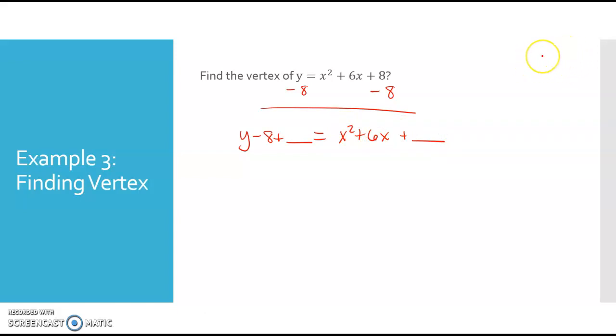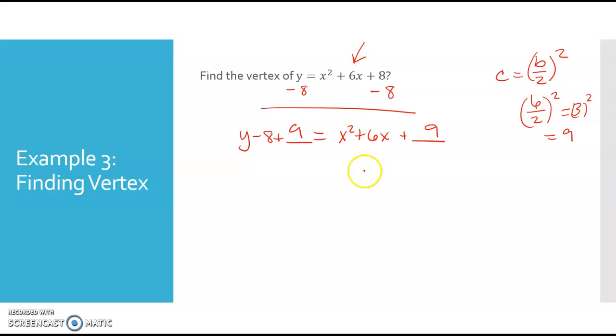Now I need to find my new c. Remember, c is b divided by 2, quantity squared. My b is 6. So I have 6 divided by 2 squared, which is 3 squared, which equals 9. So I'm going to add 9 to both places.